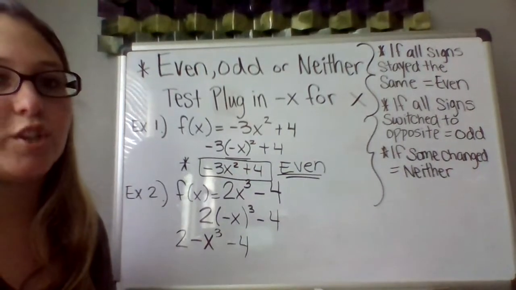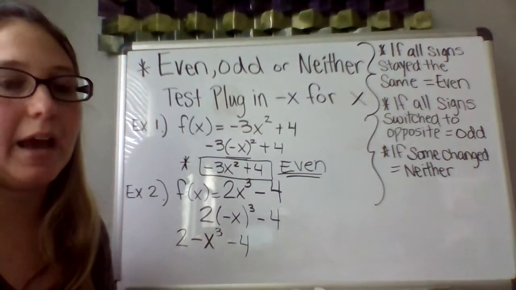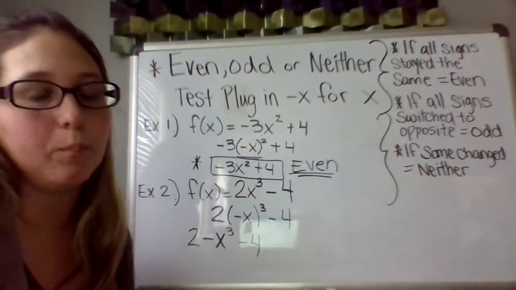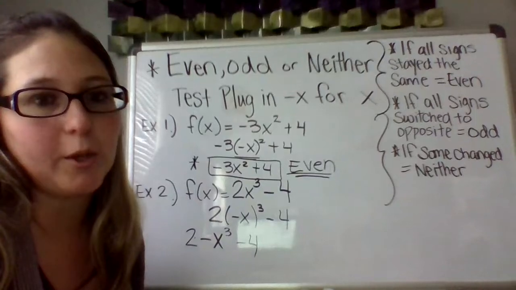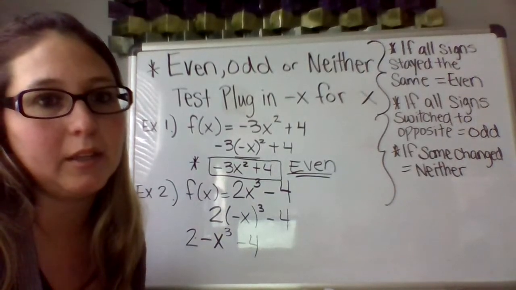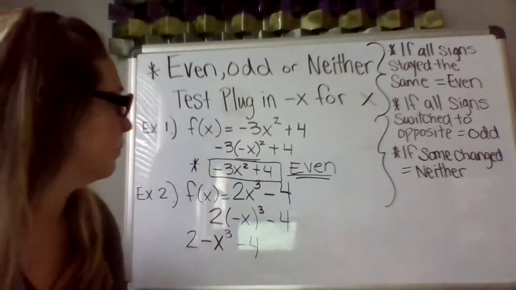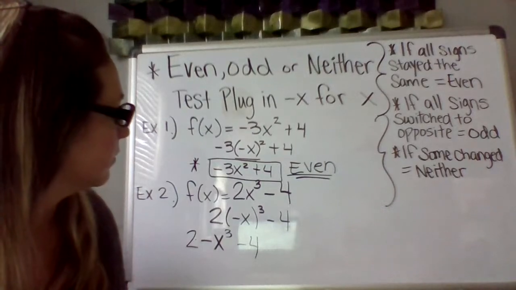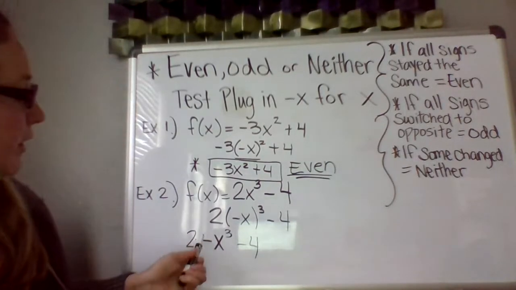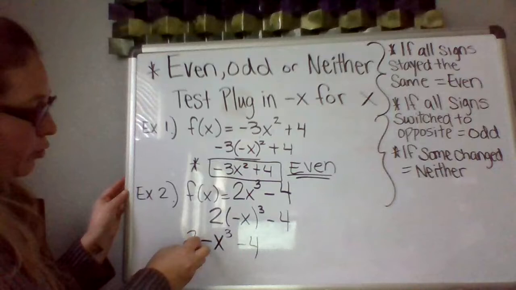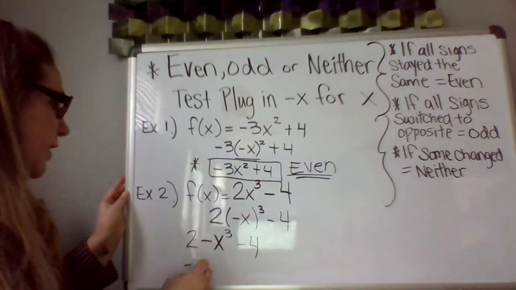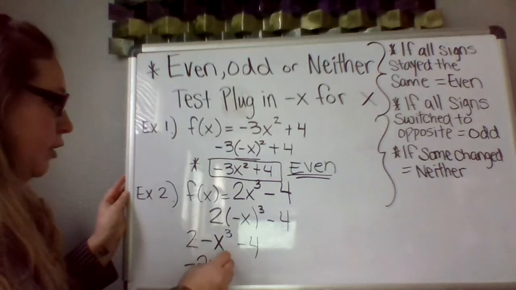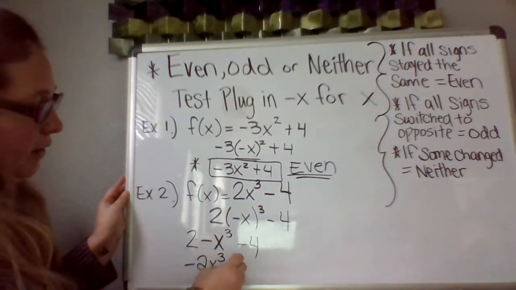So now because of that, we're going to simplify this. And when we put this in, we're going to get 2 times that negative x cubed. So it's a negative 2x cubed. And then we still have the negative 4.